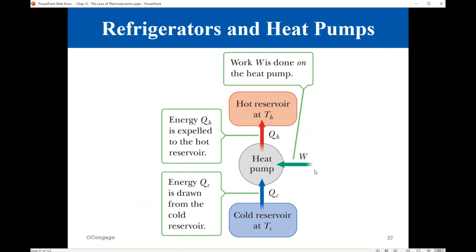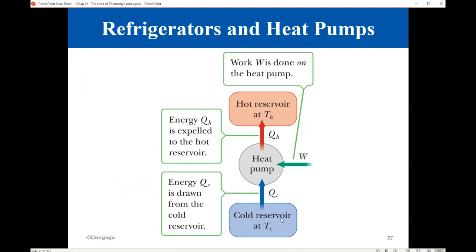The heat pump is also a heat engine, but it operates in a different way. Like inside the refrigerator, there is a heat pump. There, the heat pump takes the energy from the cold reservoir and dumps that energy to the hot reservoir.